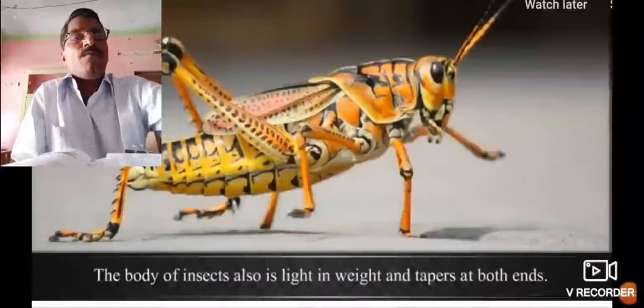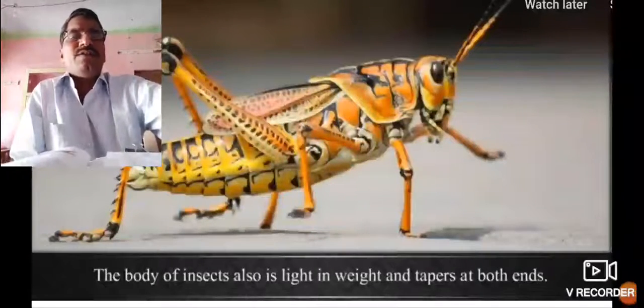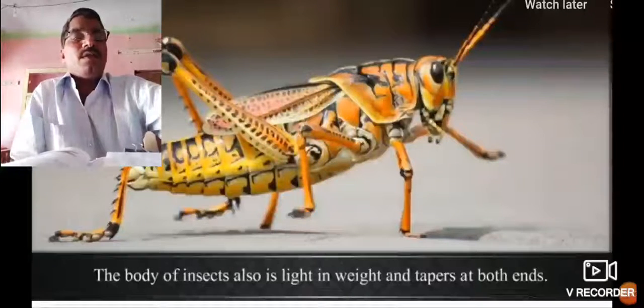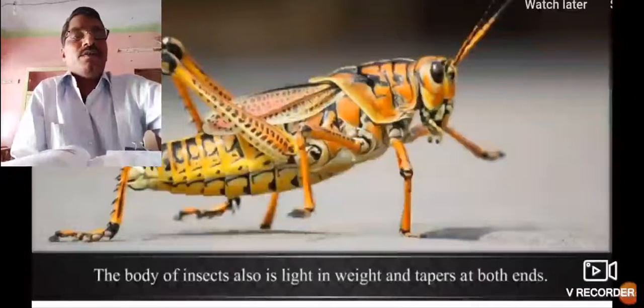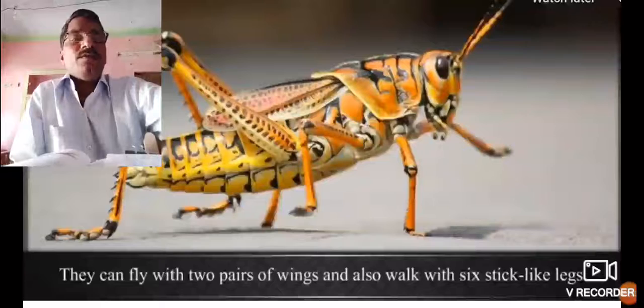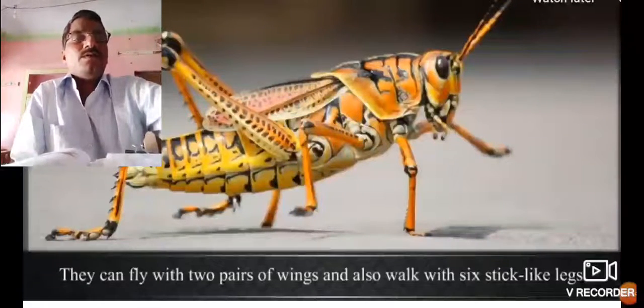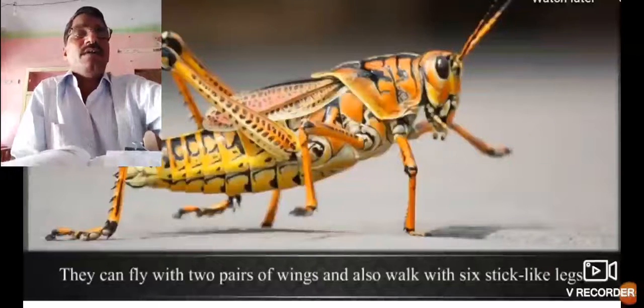The body of insects, dear students, is also light in weight and tapers at both ends. They can fly with two wings, and also walk with six stick-like legs. Six legs, dear students, in these insects.